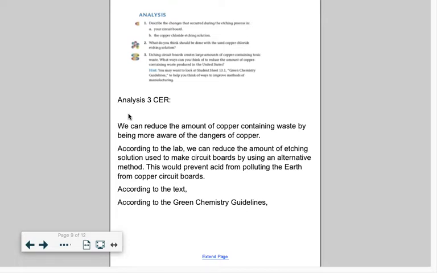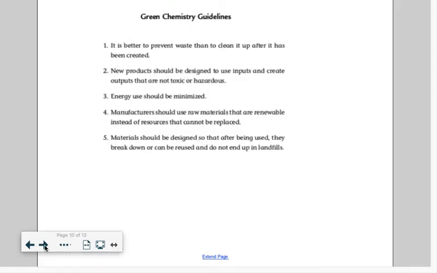And I would encourage you to look at the text, look at the Green Chemistry Guidelines, and find two more pieces of evidence that you can support and reason why or how the amount of copper-containing waste can be reduced. One place where I want to show you is the Green Chemistry Guidelines.